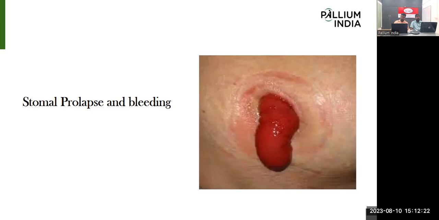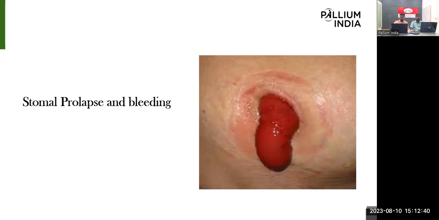If the patient has a cough, sneeze, or any tumor nearby, it will cause abdominal pressure. So due to the abdominal pressure, this stomal prolapse will happen.